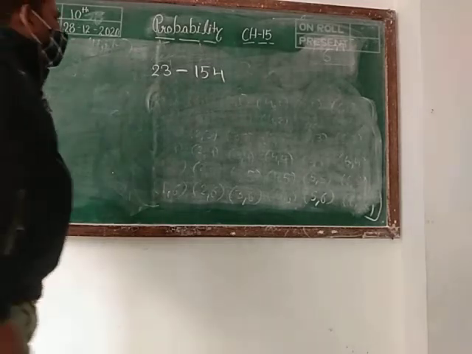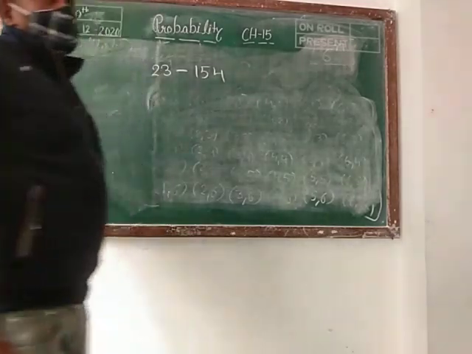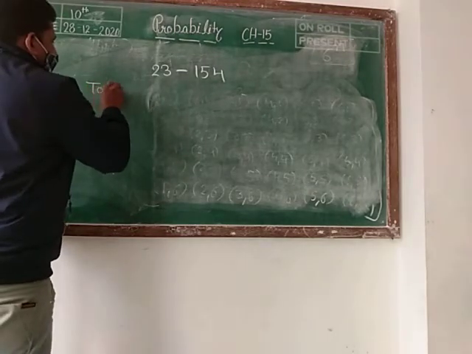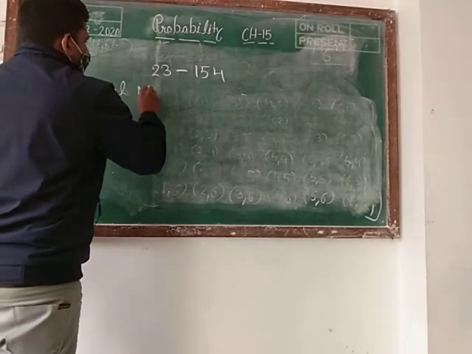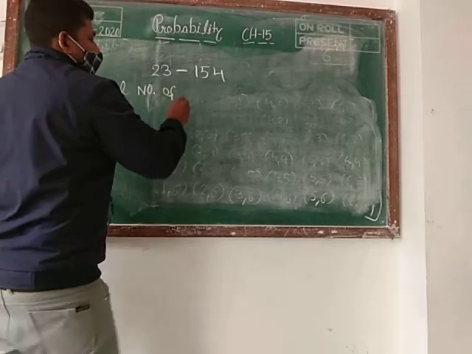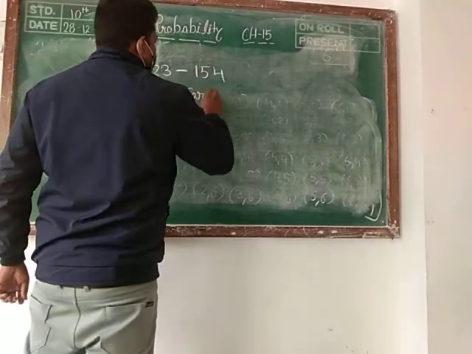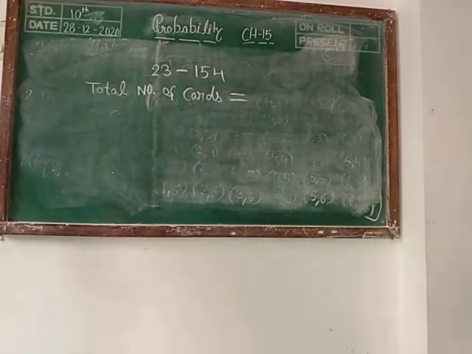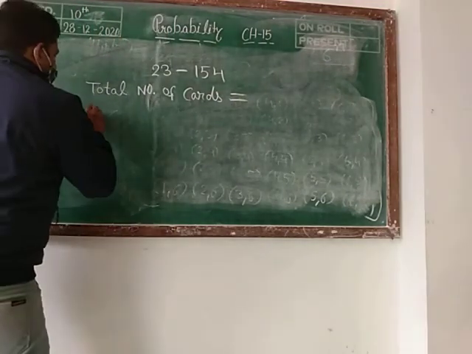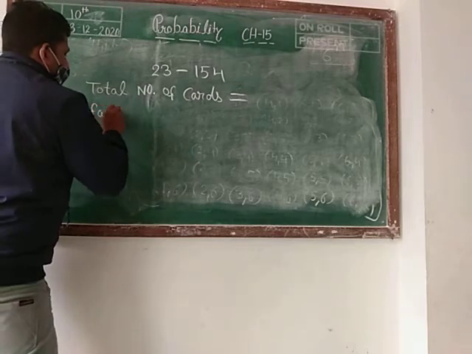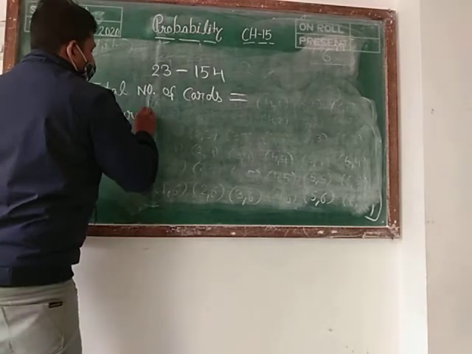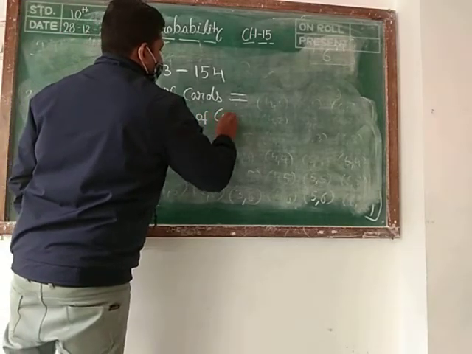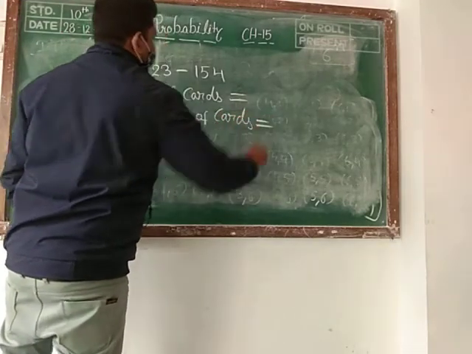Tell me the answer for this. First of all, you have to tell me how many cards there are, the total number of cards. And then you have to tell the favorable cards, meaning the odd numbers that you are getting.